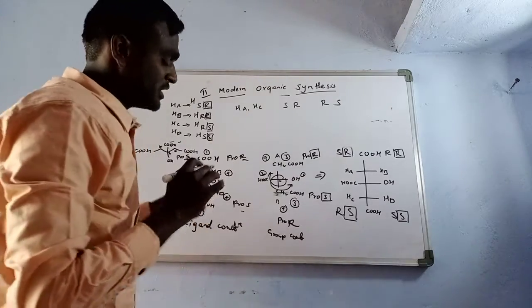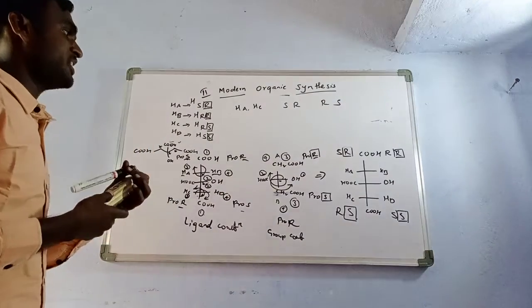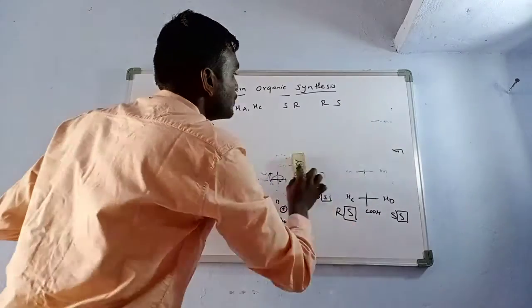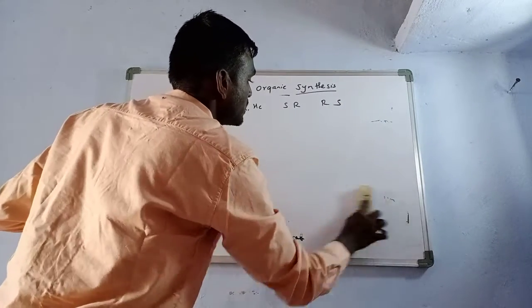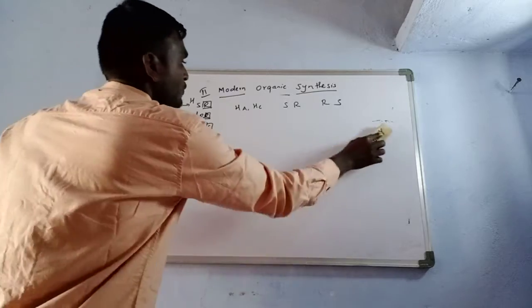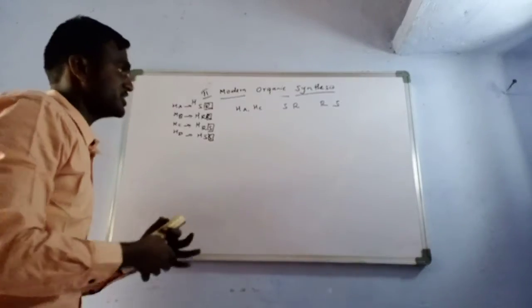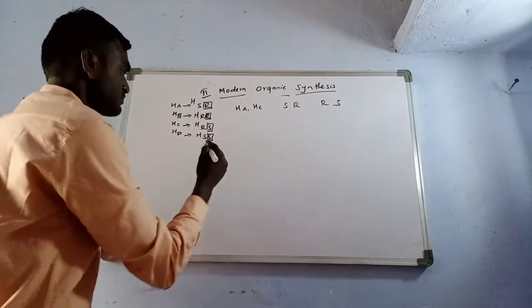What is the enantiotopic relationship? First you should know the enantiotopic relationship. Now I am going to rub this. First we should know what is enantiotopic and diastereotopic. If you know enantiotopic and diastereotopic, it will be very easy to understand this concept.